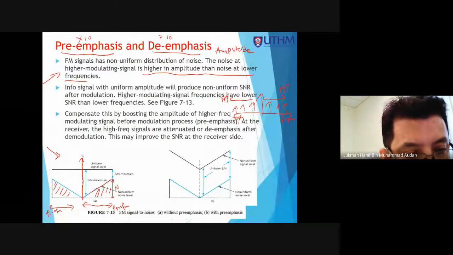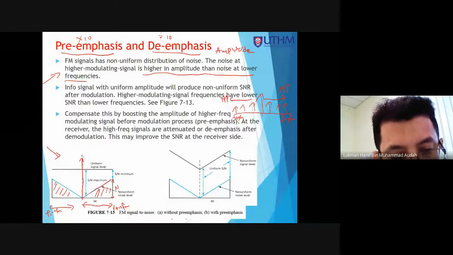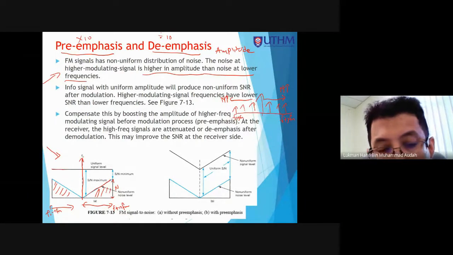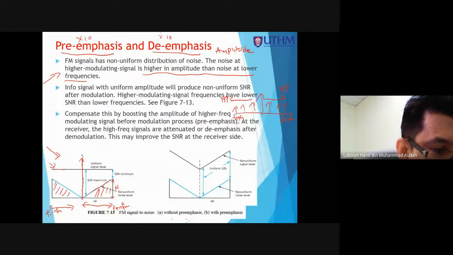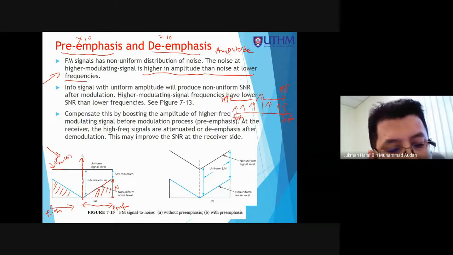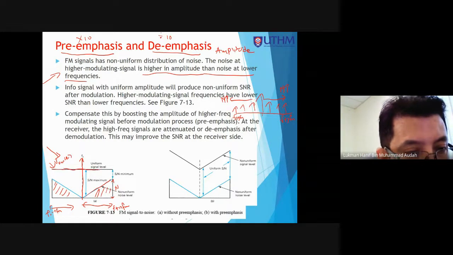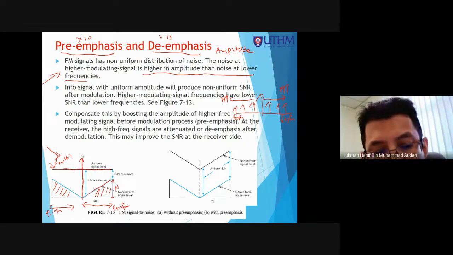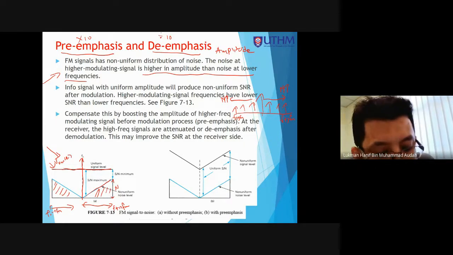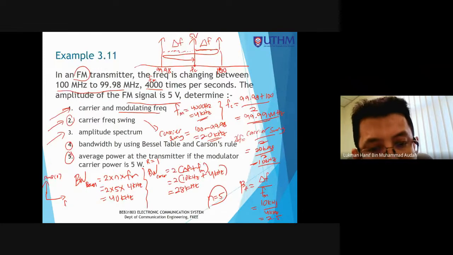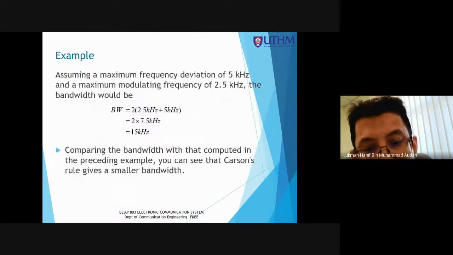What about the FM signal? What about our VFM? So this is related to VFM. So kalau you lihat, VFMT adalah uniform. Kenapa macam tu? Okay. So inilah perlu kita kembali kepada gambar rajah sebelumnya. So kenapa VFMT dikatakan konsisten?